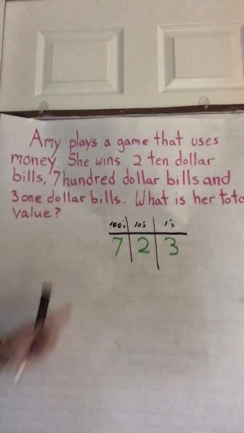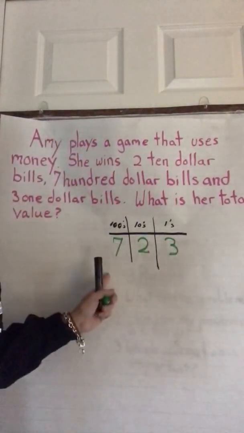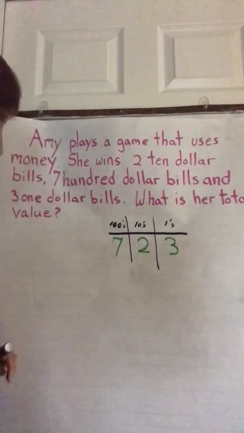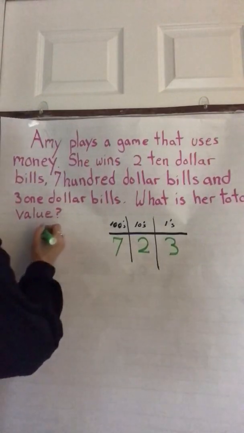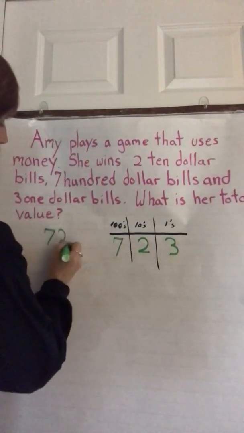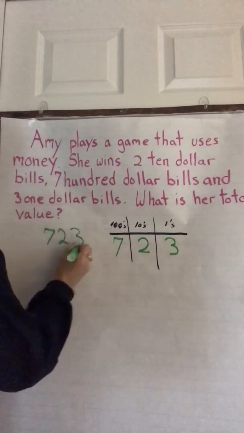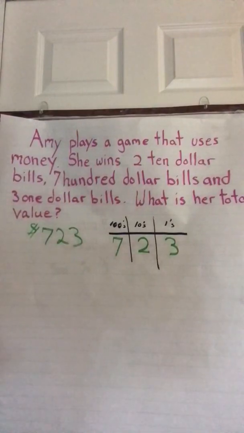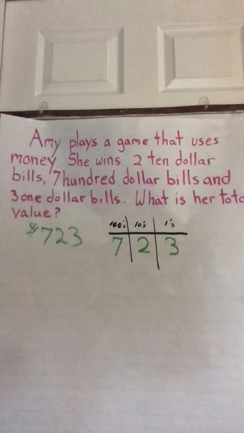So now, if I take this number and I put it all together, I have $723. That's how much her money is worth.